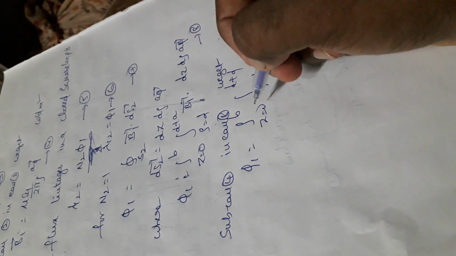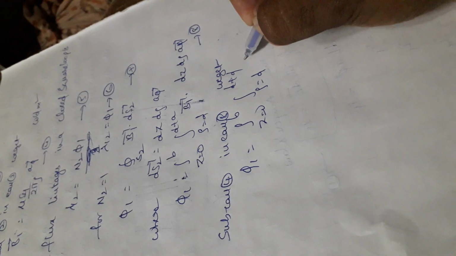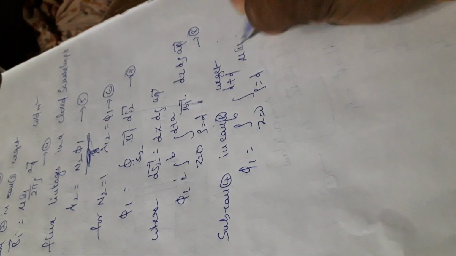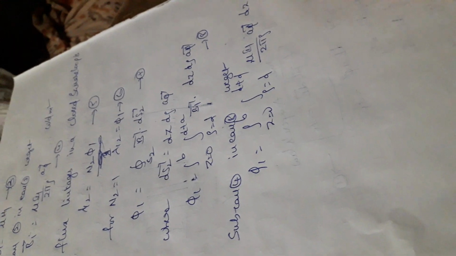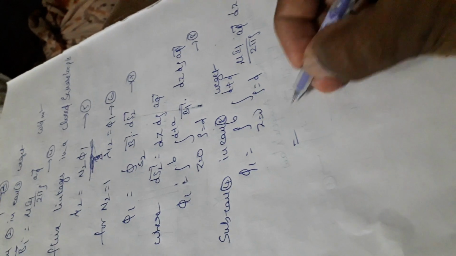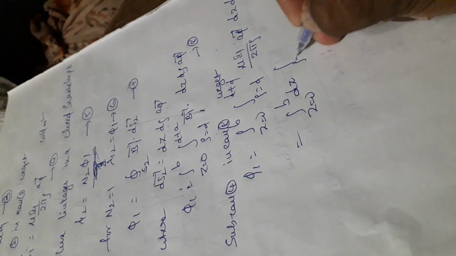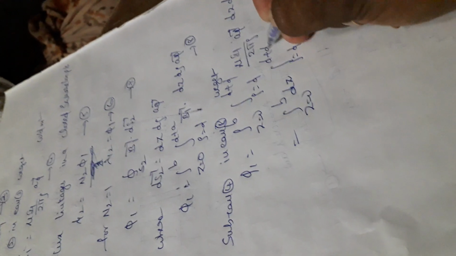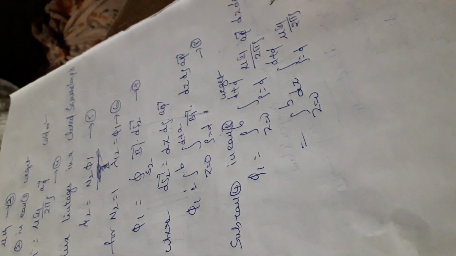So here b1 bar is nothing but mu into I1 by 2 pi rho into a phi bar, dz d rho a phi bar. So then a phi bar into a phi bar is equal to 1, then z is equal to 0 to b dz, and rho is equal to d to d plus a, mu into I1 by 2 pi rho d rho.